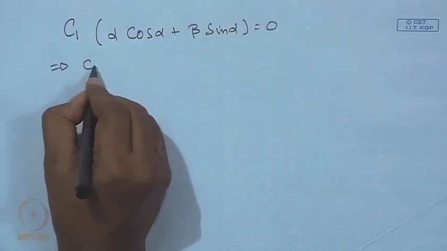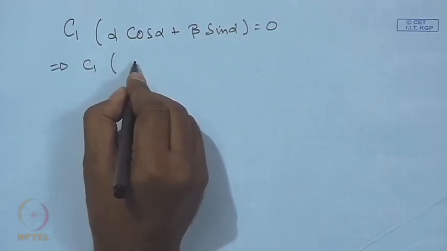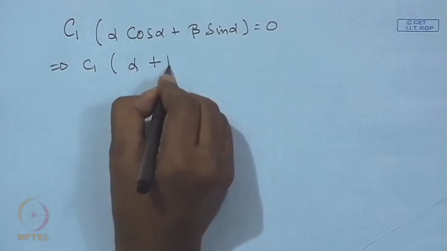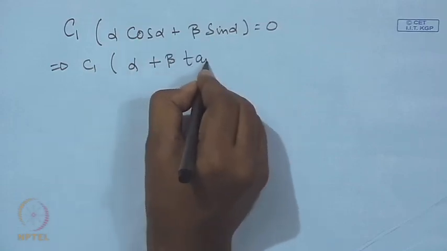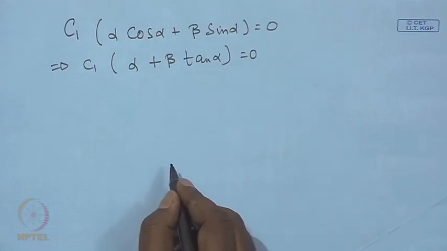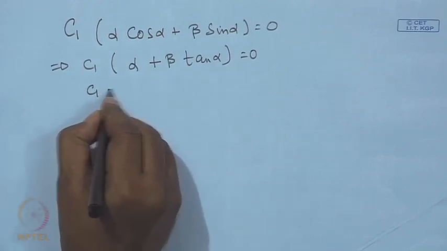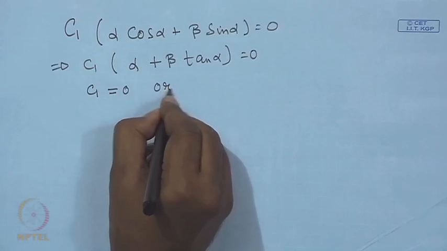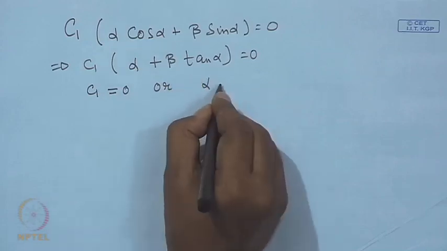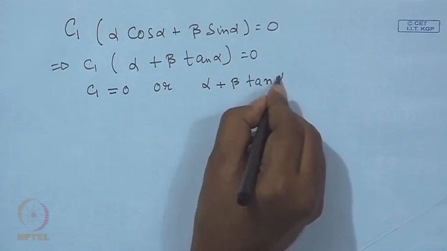Dividing both sides by cosine alpha, we get alpha plus beta tan alpha is equal to 0. Now, there are two options again in this case to satisfy this equation. The first one is C 1 is equal to 0, or the quantity in the bracket, alpha plus beta tan alpha, is equal to 0.